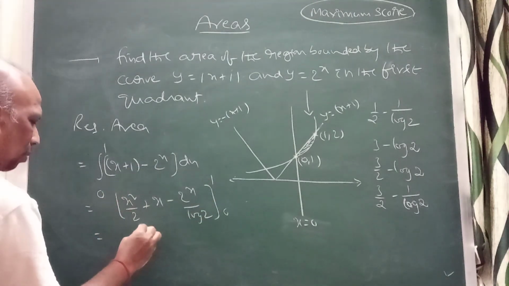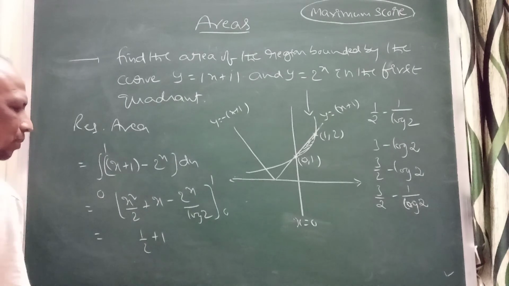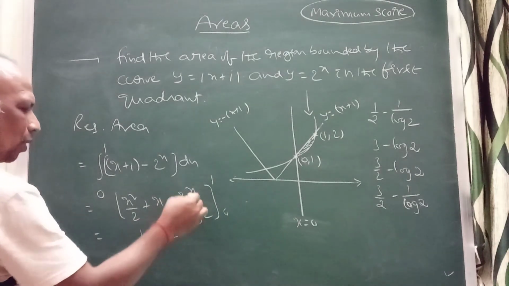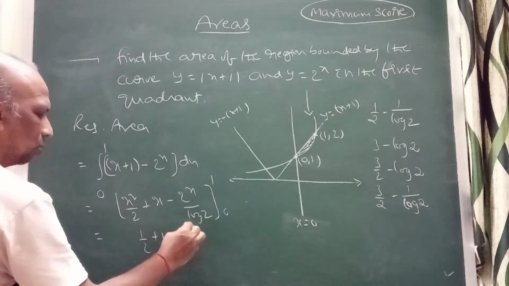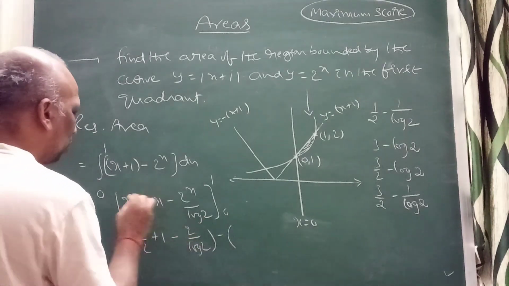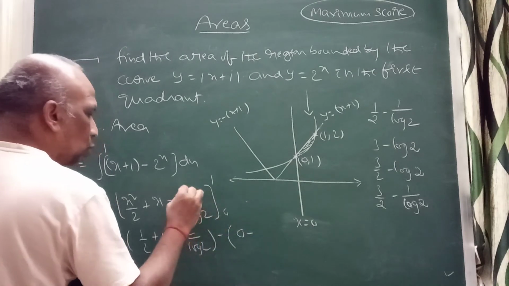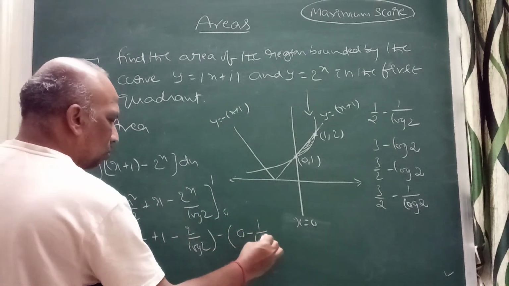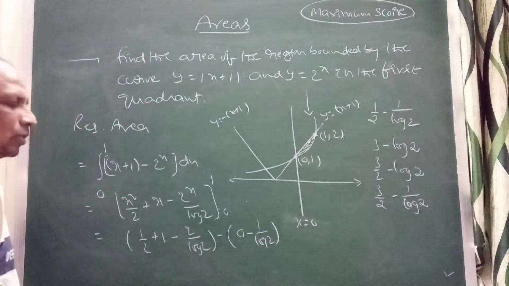Applying the upper limit: 1 by 2 plus 1 minus 2 power 1, that is 2 by log 2, minus, applying 0: 0 plus 0, minus 2 power 0 which is 1 by log 2.